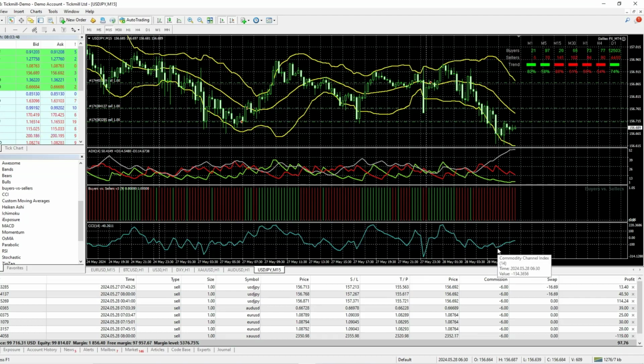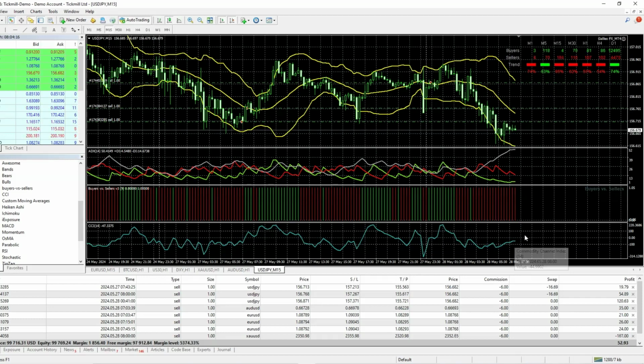But it's not concrete enough for it to necessarily be bullish because it's struggling to go above this zero line. And this is giving me more information that it looks like the US dollar Japanese yen is going to continue down. It might be just doing a little pullback right now, but this is not something for me to be concerned about. And being able to track pullbacks is very important in your setup.